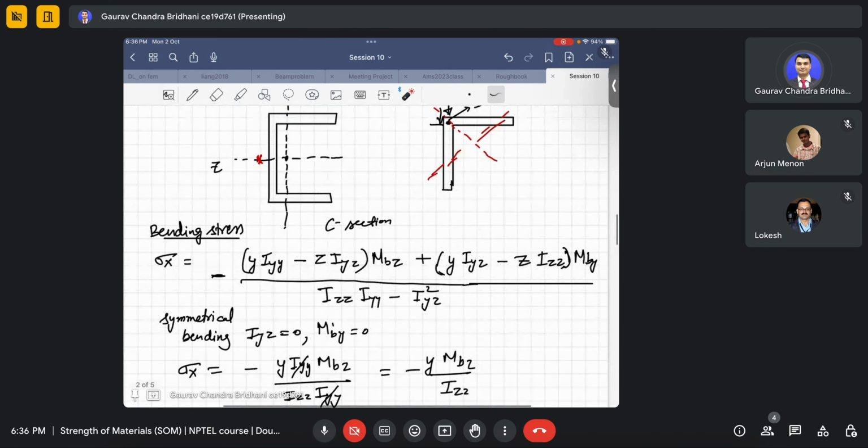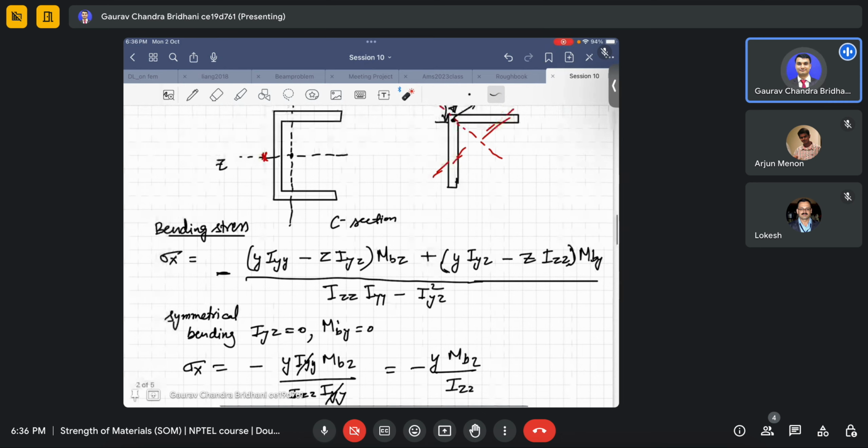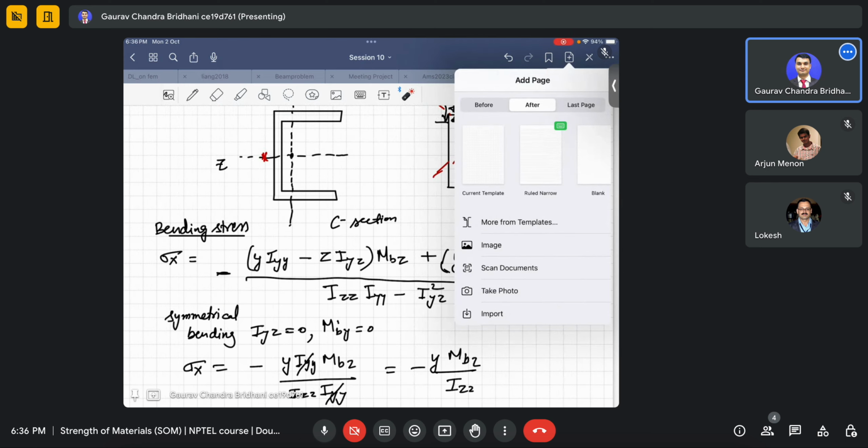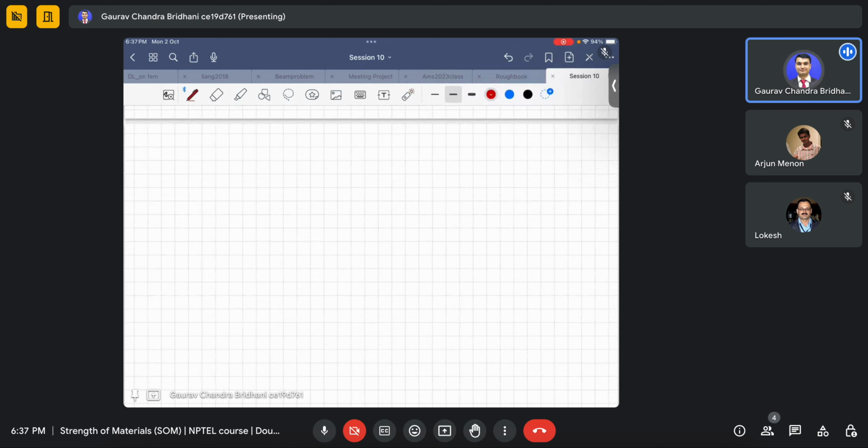Okay. So we found that this formula is a very general formula. It's a generic formula which we can use for the different cases. Now the second thing which was discussed was the deflection. So deflection of beams was discussed.